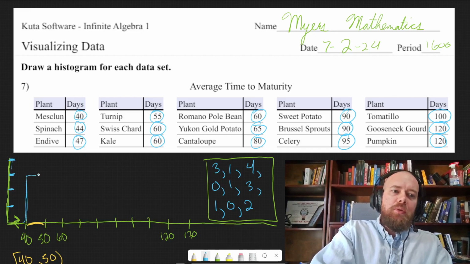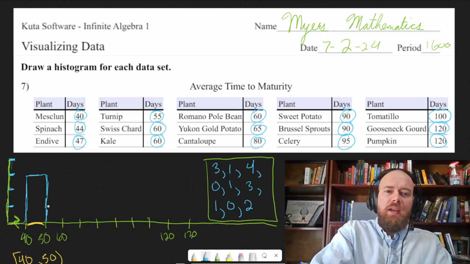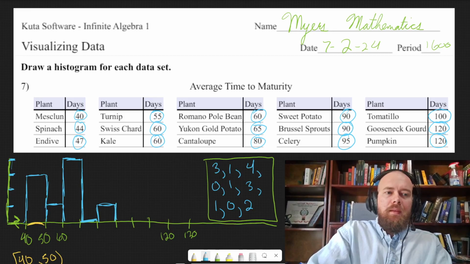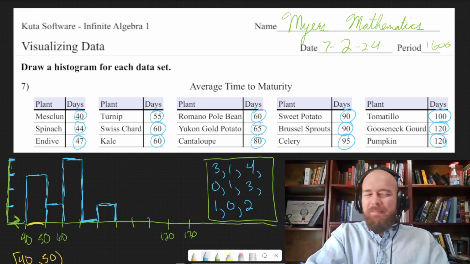This is the fun part. Just get a little shading action in here. And then 1, and then all the way up to 4. That's our highest one. Then down to 0, then 1. I realize these are not all perfectly spaced because I'm going by hand.